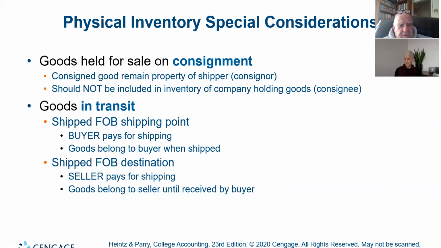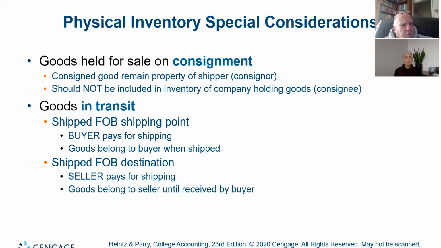So FOB is the point in time when, like you said, ownership changes. FOB destination can be another one. Here, the buyer does not own it until he receives it.